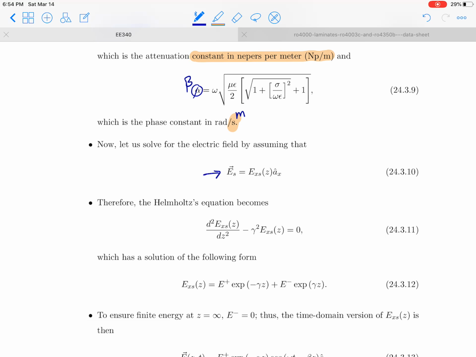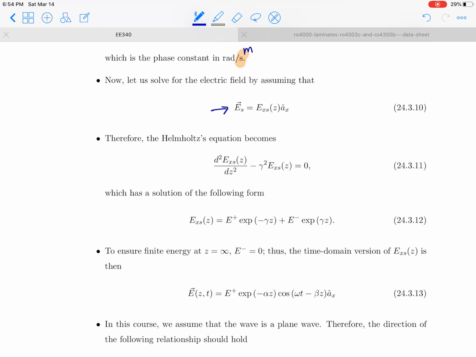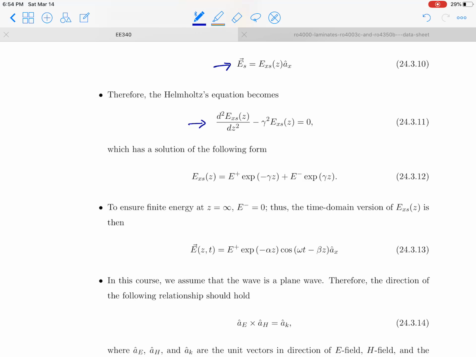Remember, this is not the direction of propagation. The direction of propagation will be along the z direction, as we will see soon. If you substitute this expression into the Helmholtz equation, we'll end up with this formula, and if we solve it, we'll end up with two solutions.